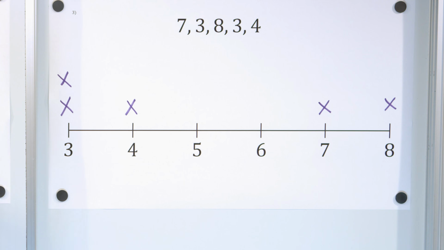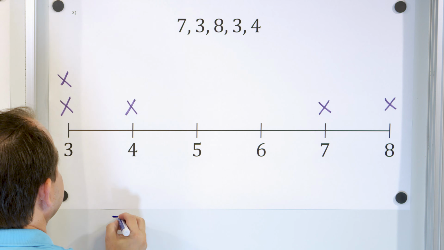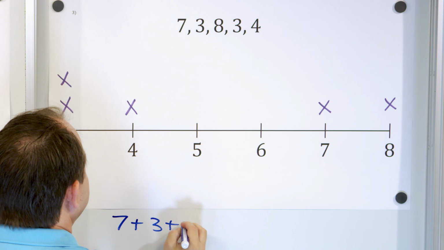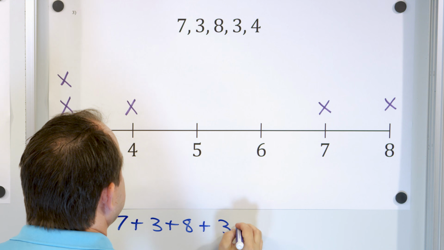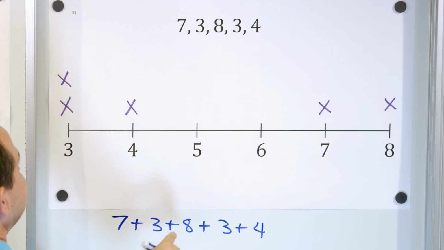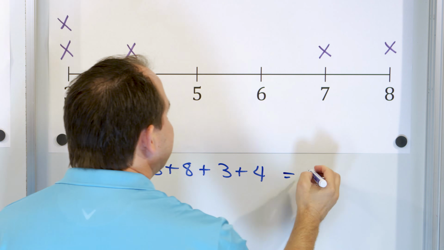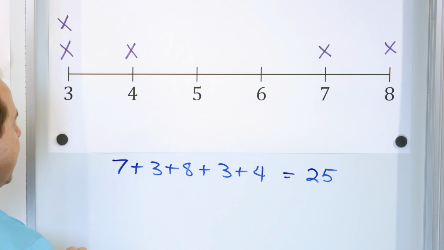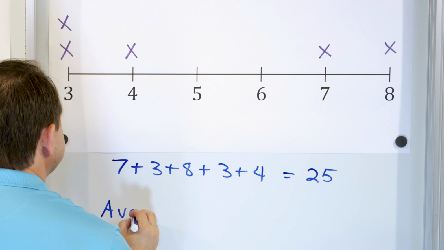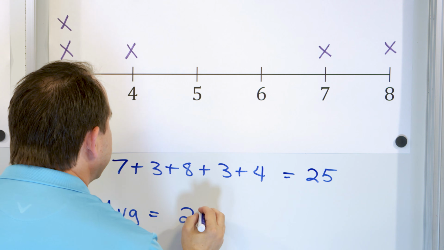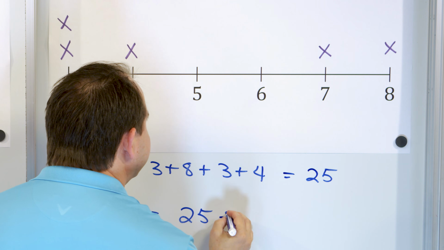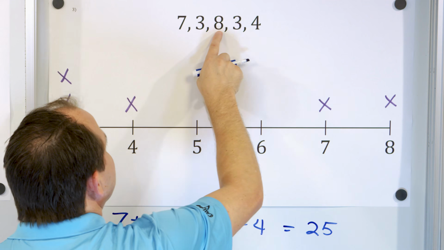So the way we'll do it is we'll just add up the numbers. We'll take the 7, we'll add the 3, we'll add the 8, we'll add the 3, and we'll add the 4. So 7 plus 3 plus 8 plus 3 plus 4. When you add all of these numbers together, you will get an answer of 25, right? And then the average means that I have to take that 25 and divide by 1, 2, 3, 4, 5.